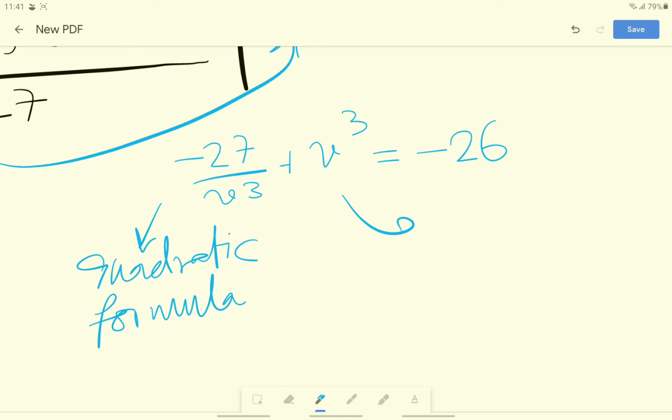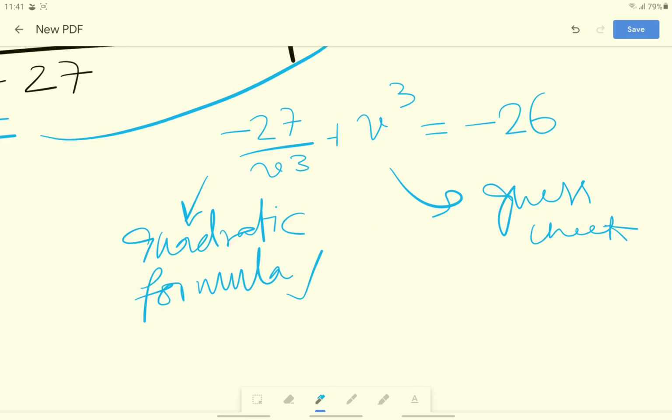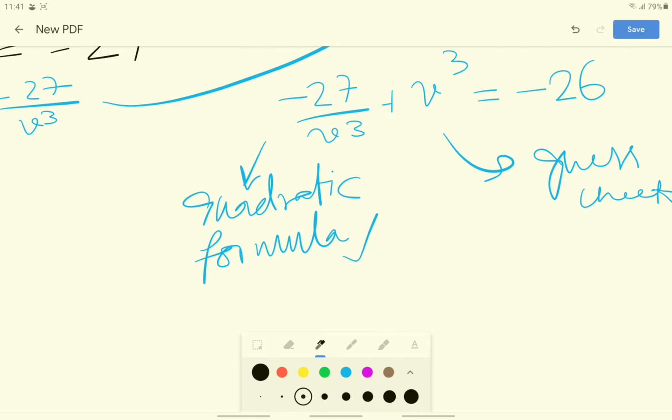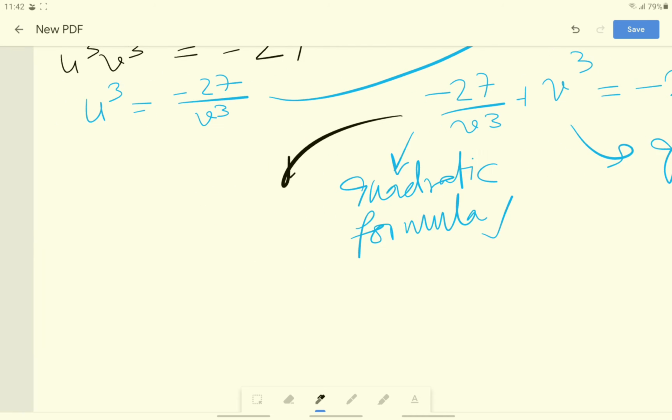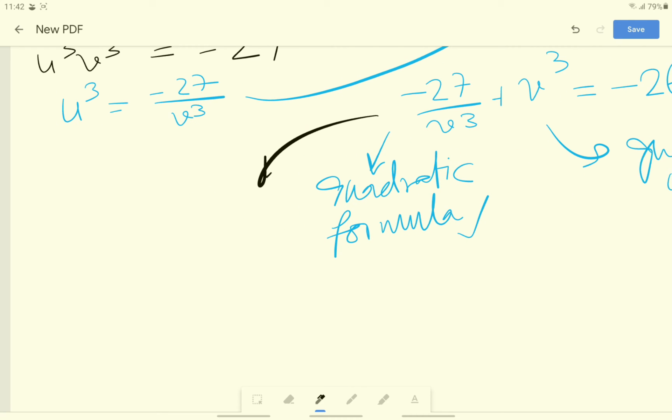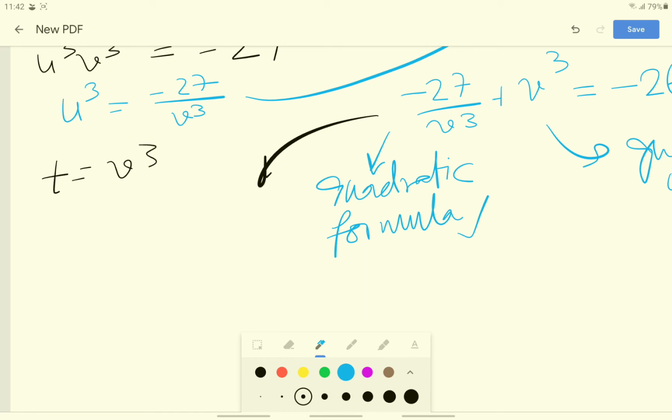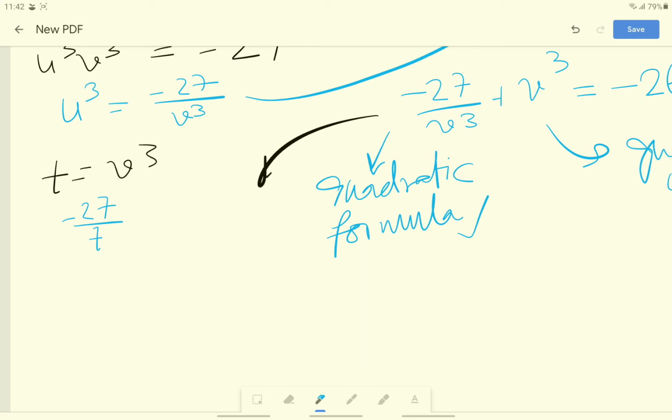Let me tell you how to use the quadratic formula. We simplify by taking t equals v power 3. By this assumption, we get minus 27 upon t plus t equals minus 26.